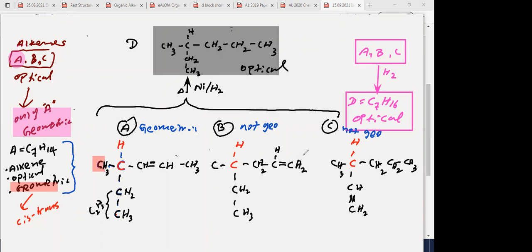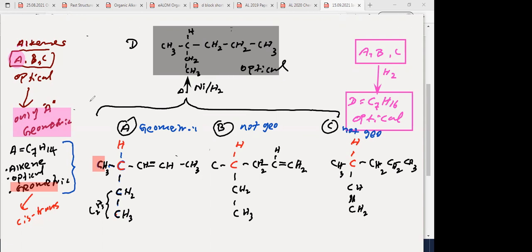On treatment with bromine followed by dehydrobromination with alcoholic KOH, A forms 2 compounds E and F, while B forms compound G and C forms compound H. All 4 compounds have the same chemical formula, C7H12.